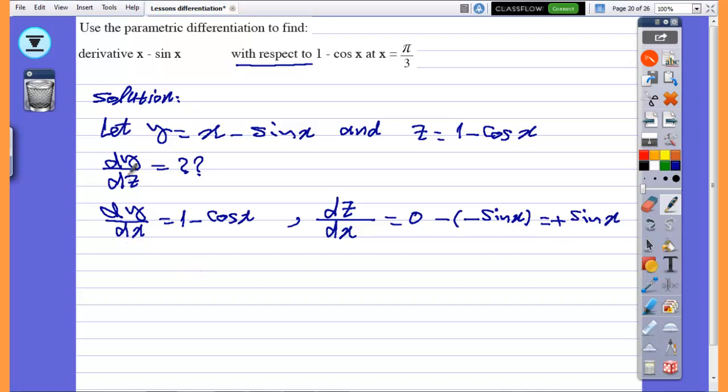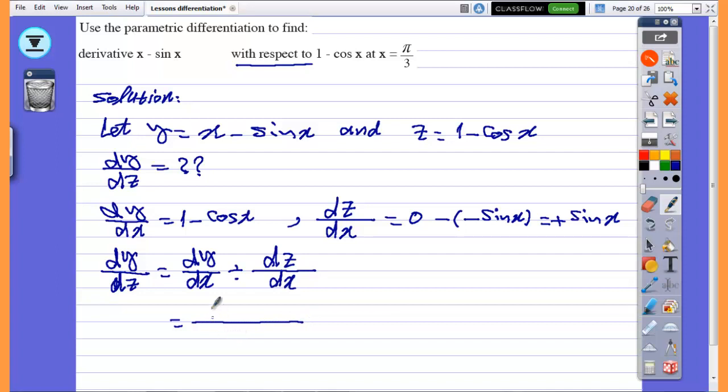Now the requirement is to find dy/dz. So we write dy/dz equals dy/dx divided by dz/dx, which equals 1 minus cosine x over sine x.